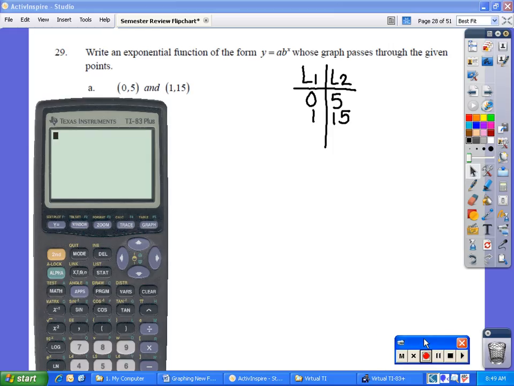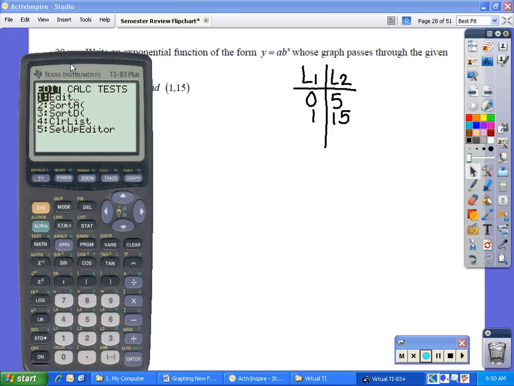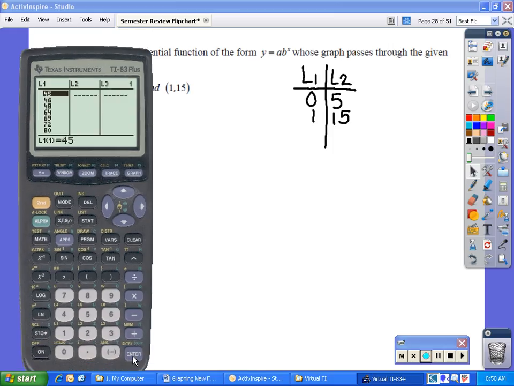So in your calculator, you'll press Stat, and you'll see you have different choices of Edit, Calc, and Test. You're going to choose Edit. If you have values in your calculator already, just go up and press Clear, Enter. Never press Delete, press Clear, Enter, because if you press Delete, you're going to wind up deleting the entire column.